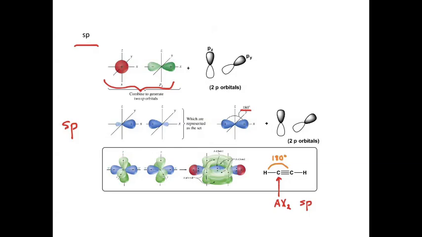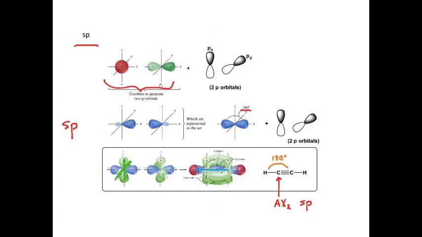So let's just try to show that a little bit. So there's our one sp, there's our other sp. And again, we now have two p orbitals left over. One up and down, and one perpendicular to the plane.